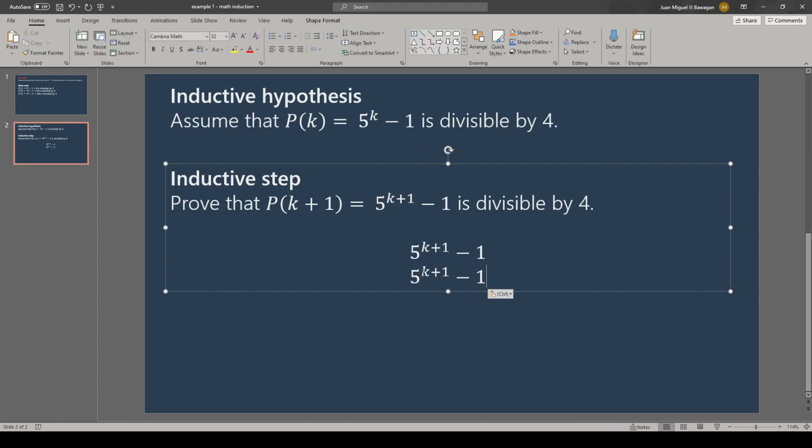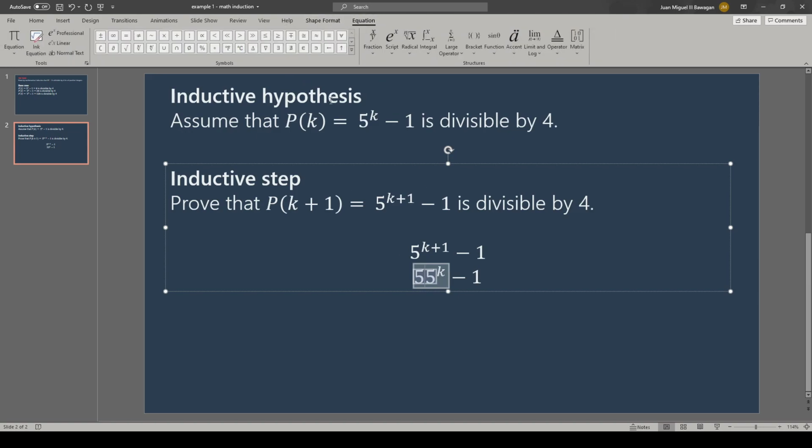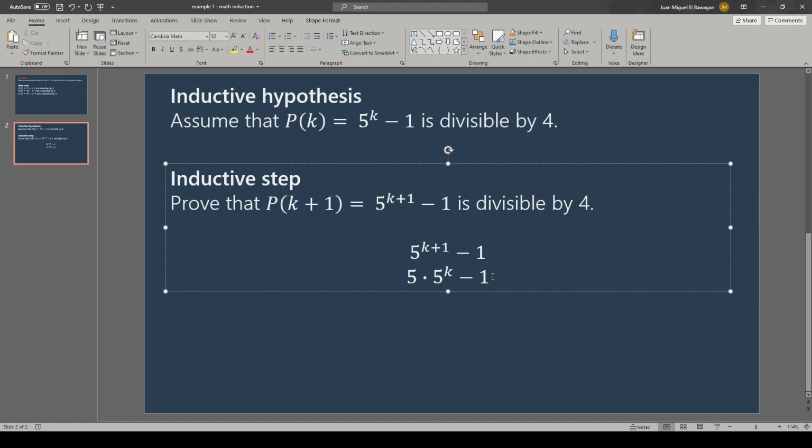5 raised to k plus 1 can be rewritten as, we could factor out a 5 from 5 raised to k plus 1. So something like this, 5 times 5 raised to k. So 5 times 5 raised to k is equivalent to 5 raised to k plus 1. And then, let me just copy paste it again.